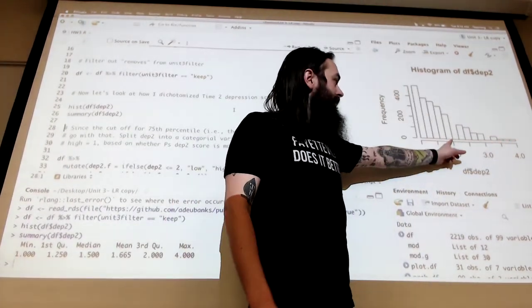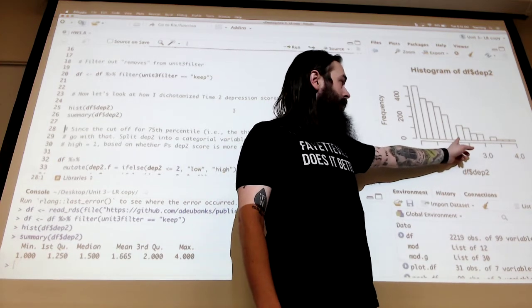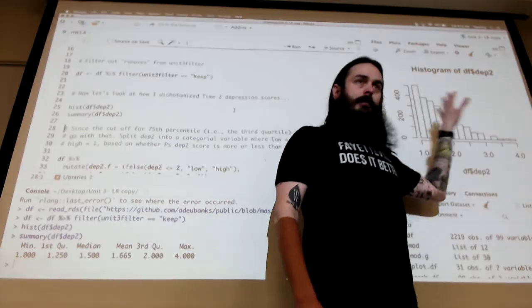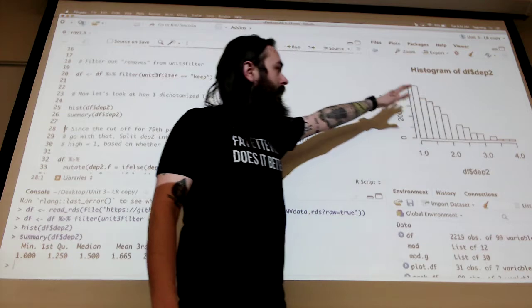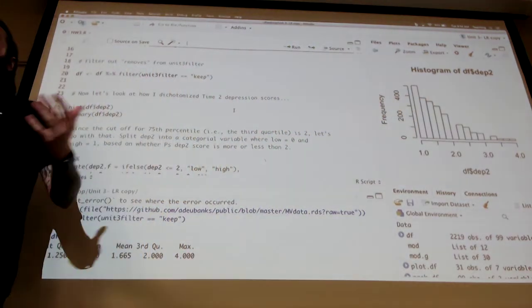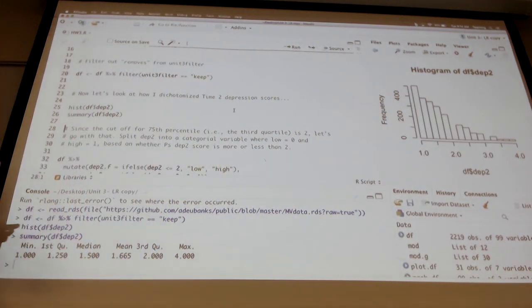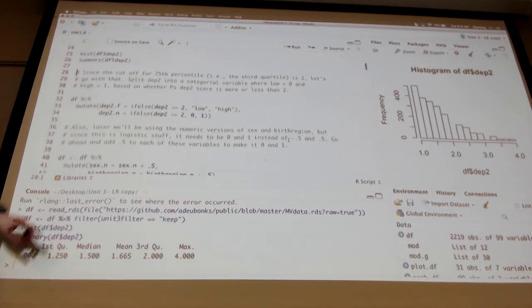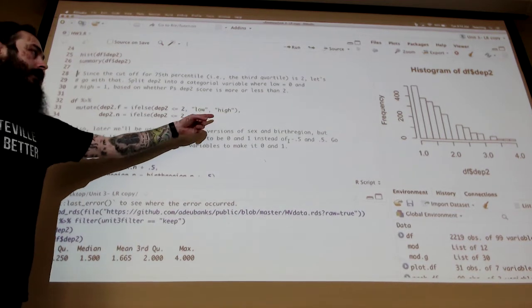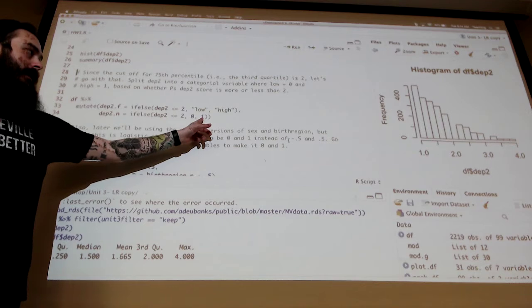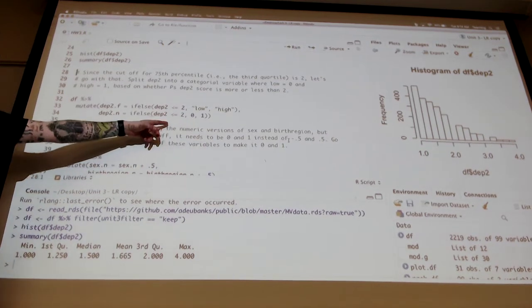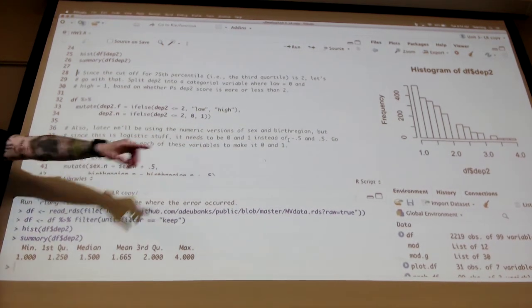Given that 2 is the cutoff for the top 25% versus the bottom, it seems like a pretty good cutoff. So that's where our dep2n and dep2f comes from. Anyone that's higher than 2 for their depression at time 2 gets labeled as high with a 1. Anyone that's less than 2 gets labeled as low and 0.